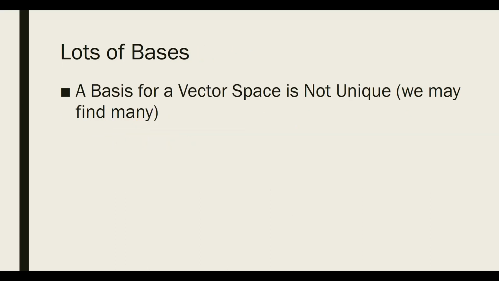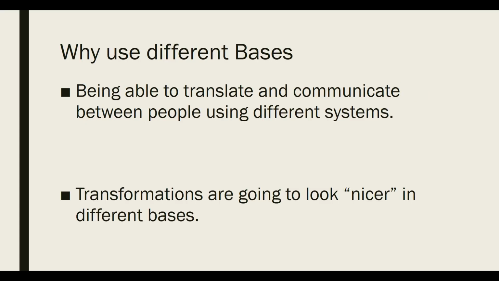Now we know that there's lots of different bases for any one vector space. So there's a lot of different ways we can write the coordinate vector if we are allowed to use different bases. So what we're going to do is jump back and forth between basis number one and basis number two.